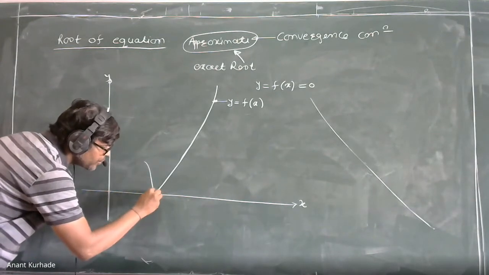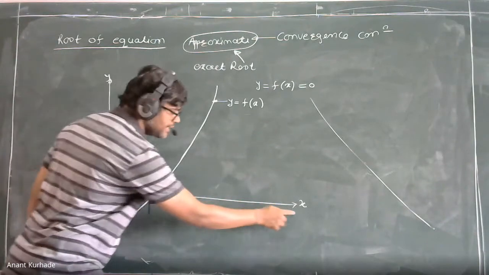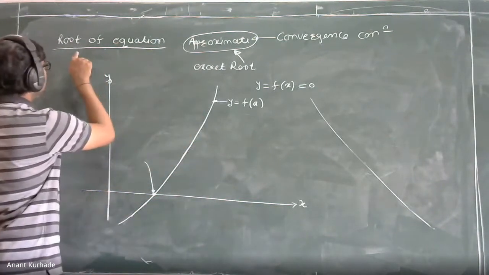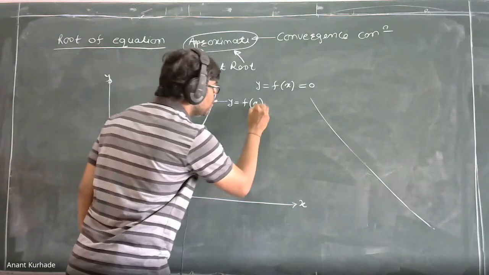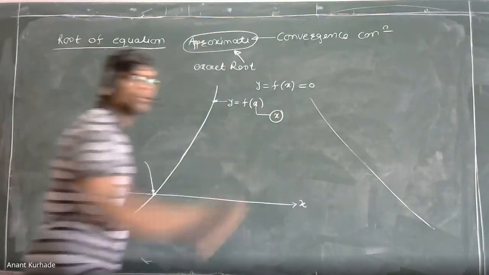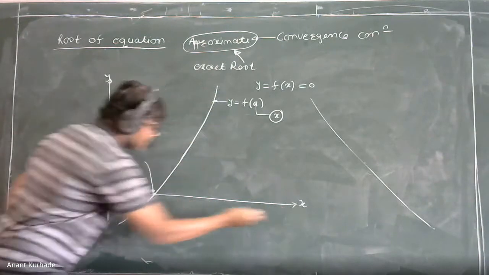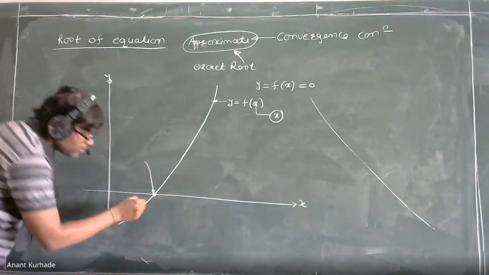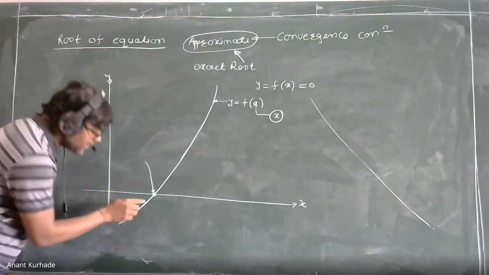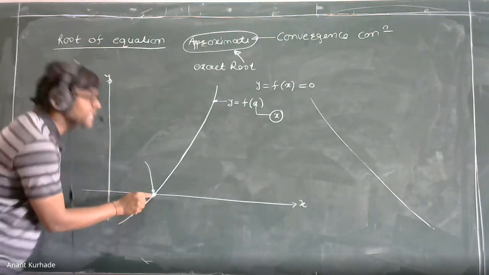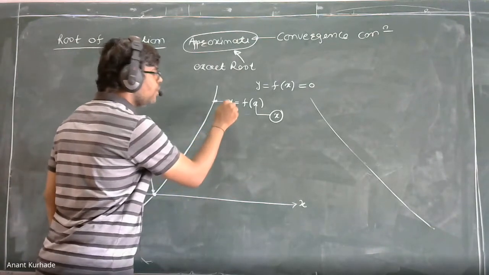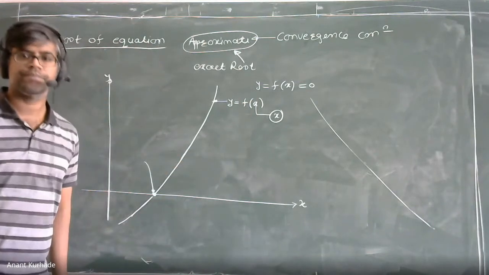So this is the x axis, and what is the meaning of root of equation? To find the value of x, the value of the unknown. Now this curve is cutting the x axis at this point, so tell me, if you put this value of x in this given equation, what will be the value of y?